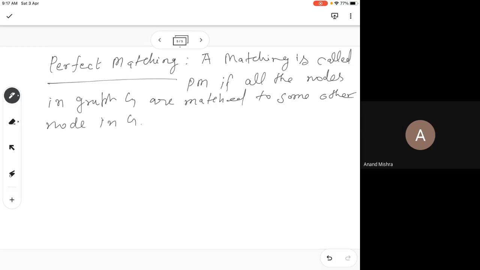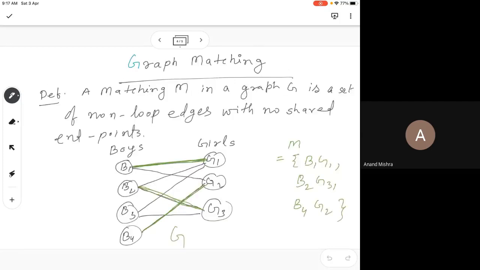For example, in the previous example, perfect matching cannot happen because there are only 3 girls and 4 boys. So perfect matching cannot happen because at least one will be unmatched.